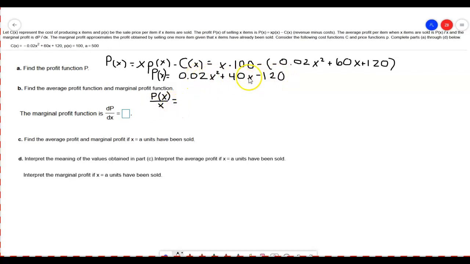I can take each one of these terms and just divide it by an x. So first term is easy, 0.02x. Next term is just a plus 40. And then the last thing, I can just divide that by an x, so 120 over x. And there is my average profit function.